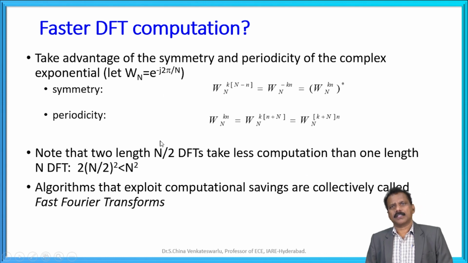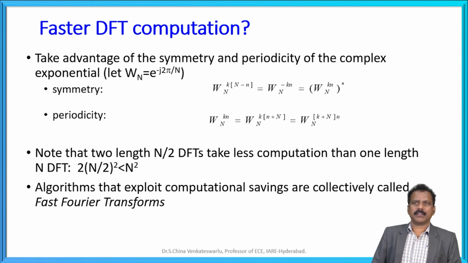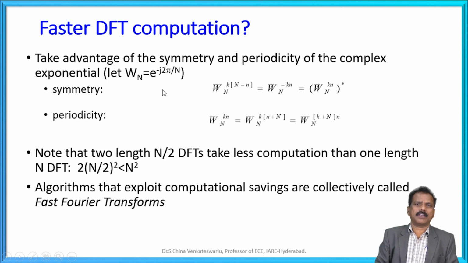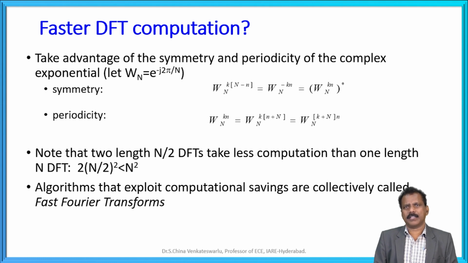Whether we are analyzing FFT, DFT, or IDFT, we require these important properties. Based on these properties, we try to compute efficiently, from the beginning through the transforms, DFT, IDFT, and up to FFTs.